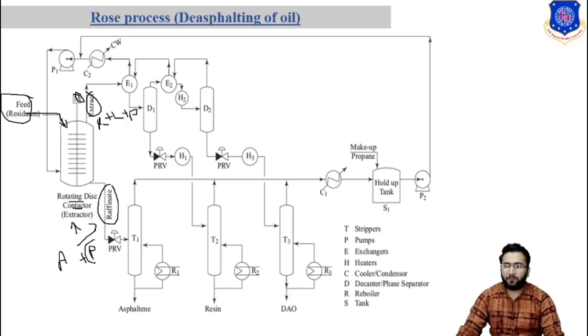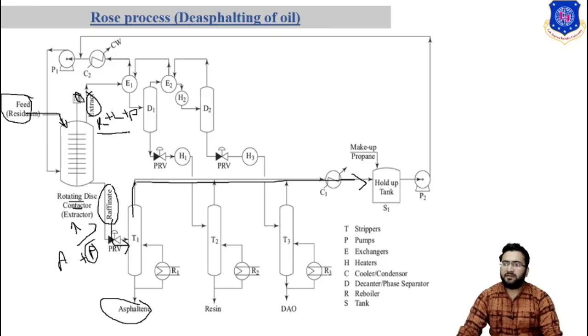To remove this propane, the raffinate goes to the tower T1, where we get the bottom product as asphalt, and a small amount of propane goes to the holdup tank. Then the resin, lube oil and propane mixture goes to heat exchanger 1 and on to the first decanter, where phase separation of the resins and the lube oil plus propane occurs.